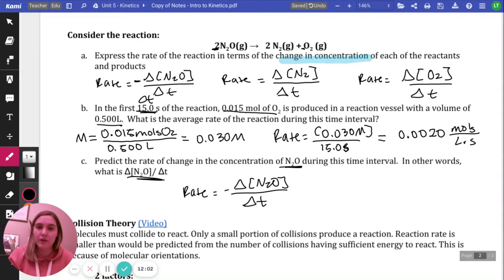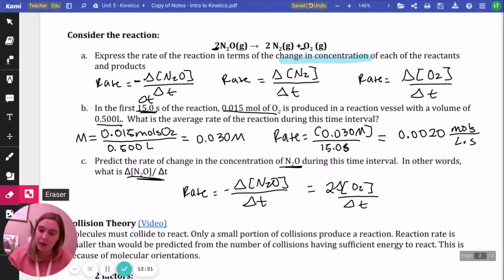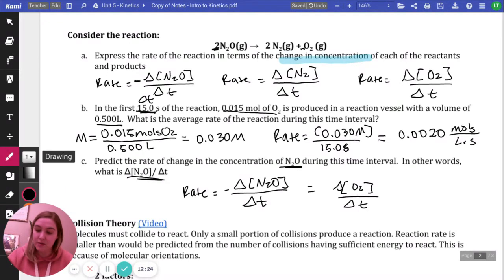Okay, guys, well, I know for every 2 moles consumed, it's going to make 1 mole of oxygen. So that means that basically, if I compare it to my rate of oxygen formed, it's going to be 2 times my change in concentration of oxygen over my change in time. It's going to be 2 times that because for every 2 moles I use there, I make 1 mole of oxygen.